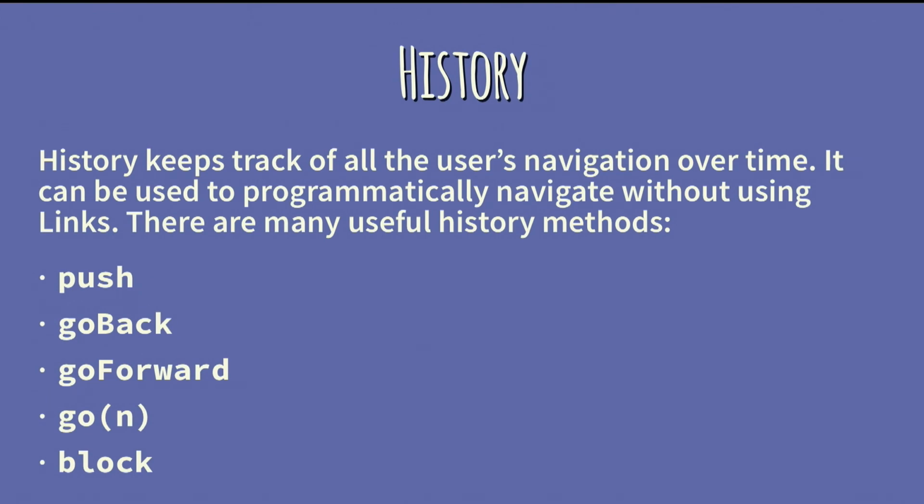So there are a bunch of methods on that object, including push, which adds a new URL to the user's history. Go back does just what it sounds like. It is the equivalent of hitting the back button. Go forward is the equivalent of hitting the forward button. Go and you pass in a number, takes you that many levels back. So you could go, say, 3 items back in the history. Block isn't one you're likely to use a whole lot, but it kind of does what it sounds like.